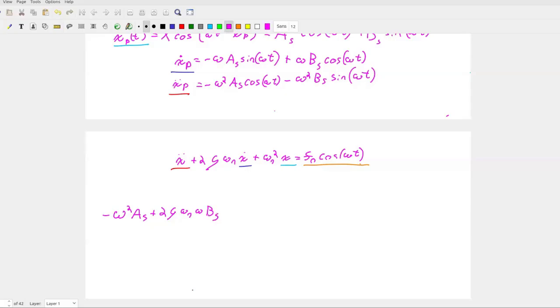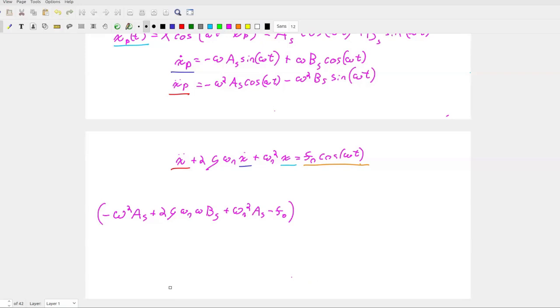Again, the first one's your natural frequency of the system. The second one is the frequency of your forcing function, plus omega n squared AS minus f naught, which is your mass normalized amplitude of your forcing function.